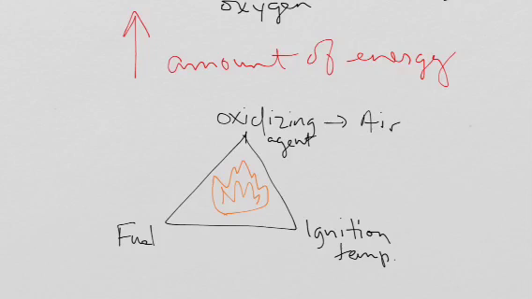Now, when we talk about ignition temperature, we're not talking about the temperature outside. What we're actually talking about is the temperature of the fuel. All right? Or the state of the fuel. If you've got wood that's sopping wet, okay, its ignition temperature is almost non-existent in that it's going to be very hard for you to actually light that on fire.